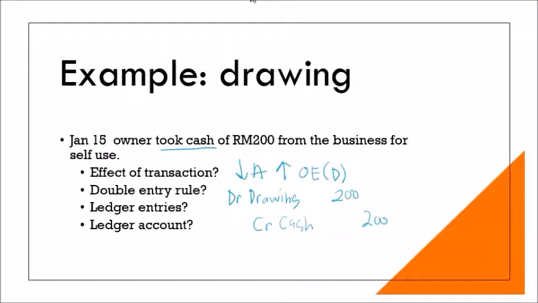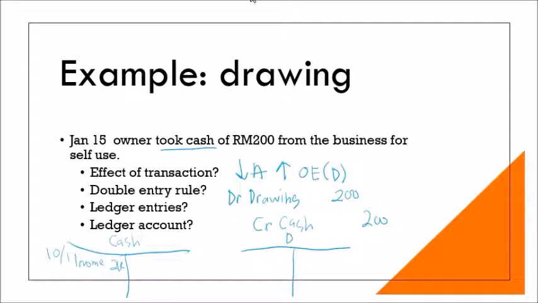So let's us open the T account. We will have cash, and also drawing. So previously, cash have a transaction of Jan 10 around here for income, about 2k.